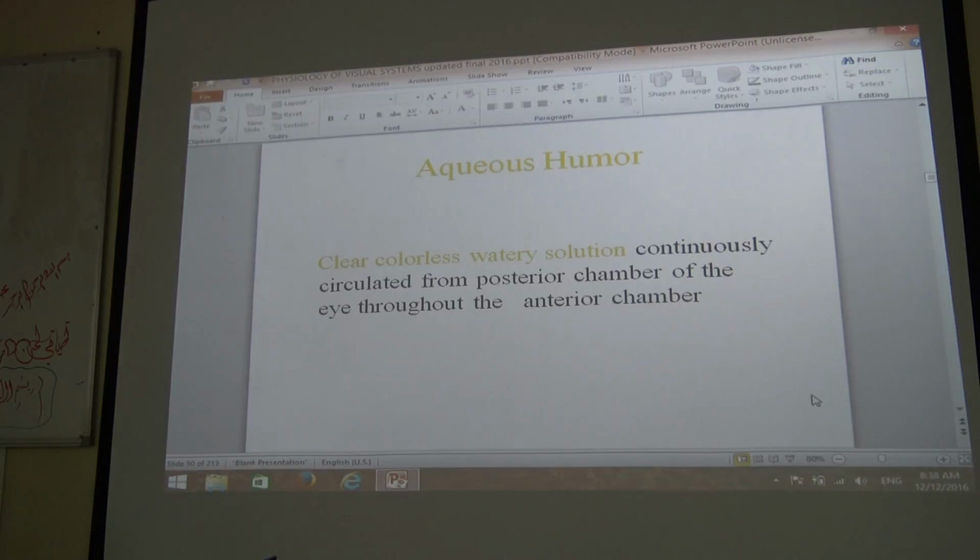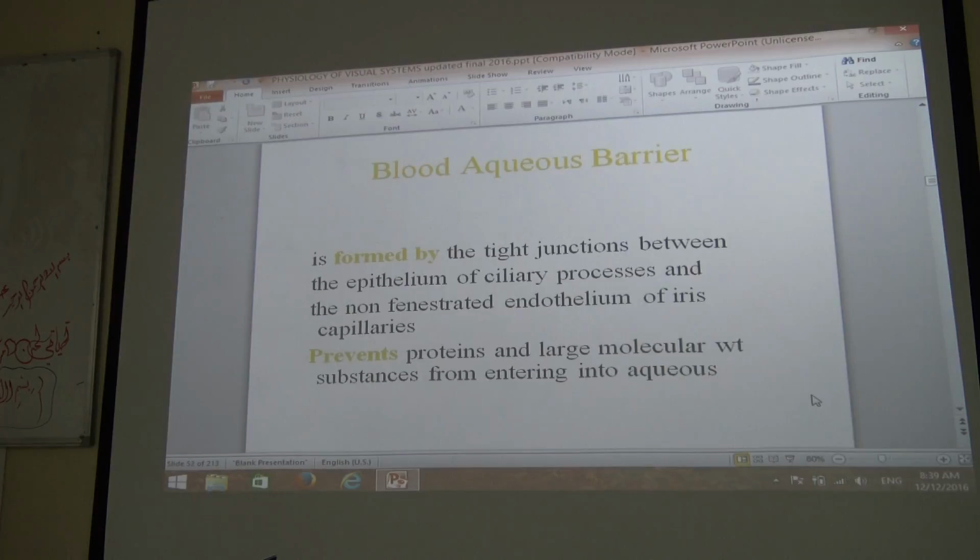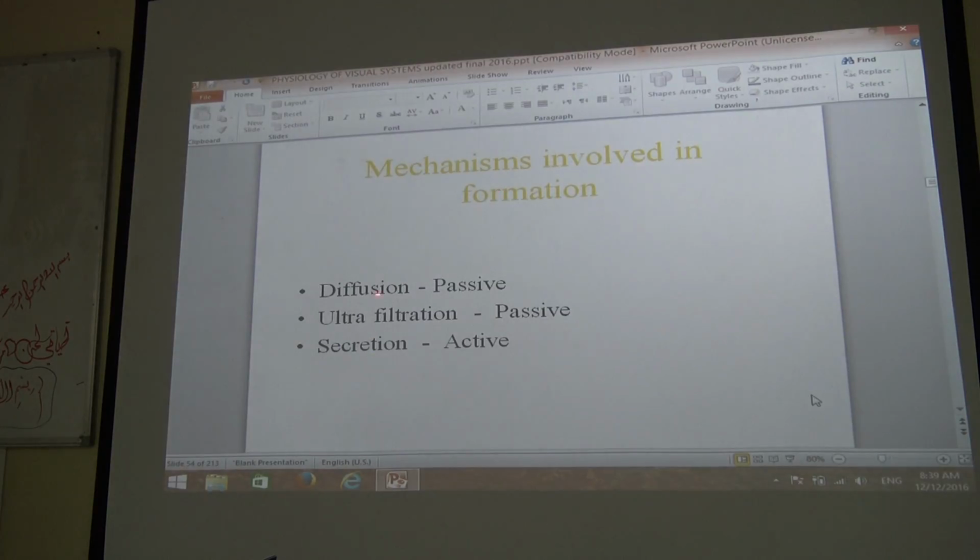Of course, there is a much smaller amount of protein in the aqueous humor when compared with the plasma. There is a barrier between the plasma, our blood, and the aqueous humor, and this barrier is formed of two cell layers, pigmented epithelium and non-pigmented epithelium, and it is an active process.